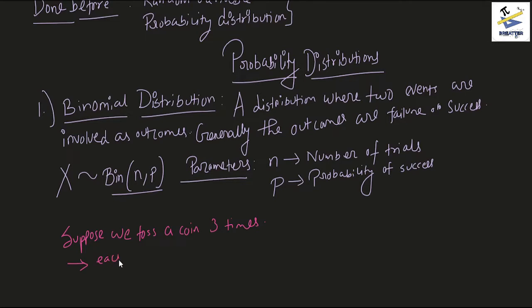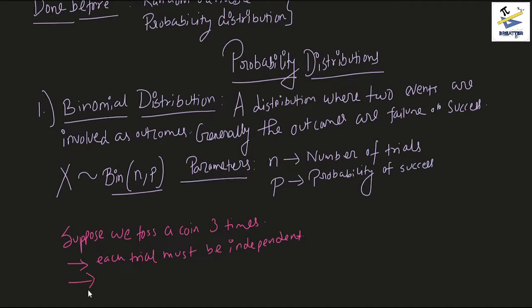Each trial must be independent of the others, that is, not dependent upon the previous trials. As we toss a coin, obviously each of the coin tosses is independent of the other, and the result does not depend on what the previous result was, right?